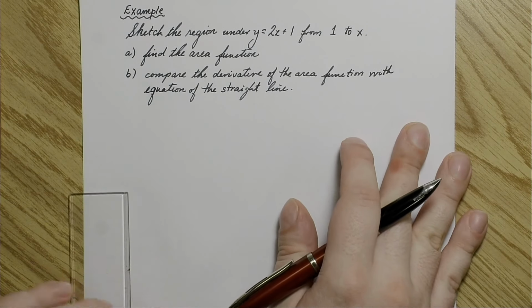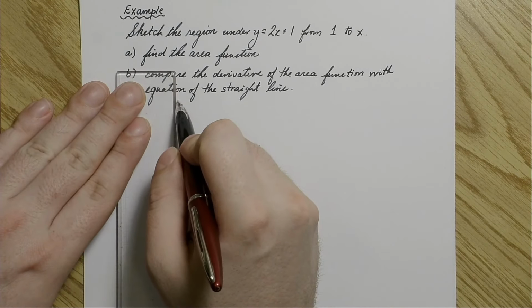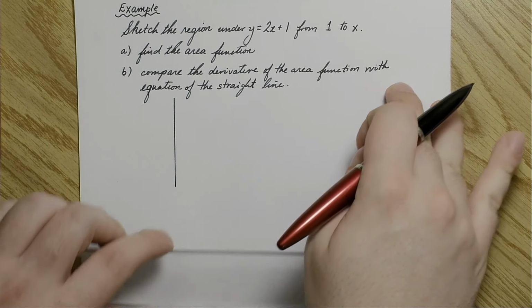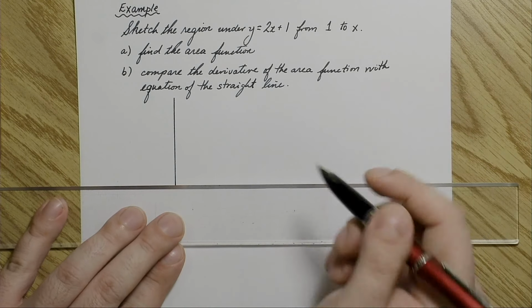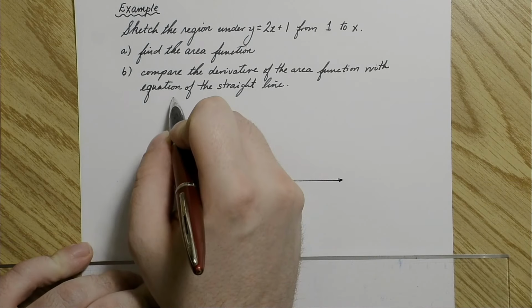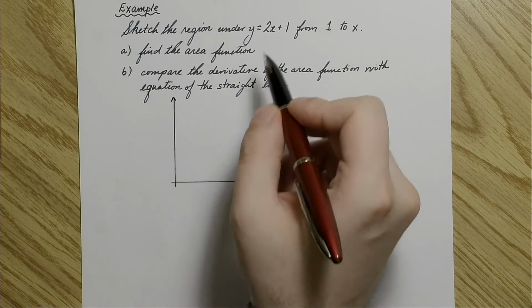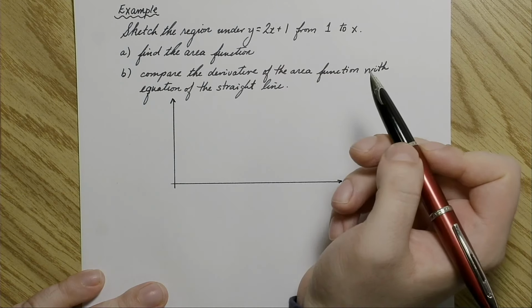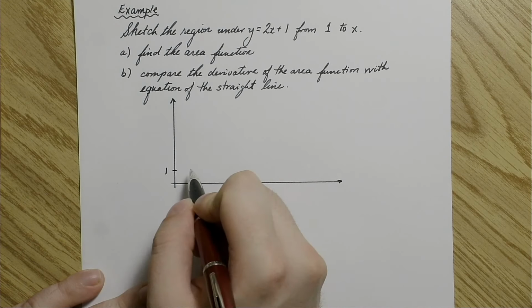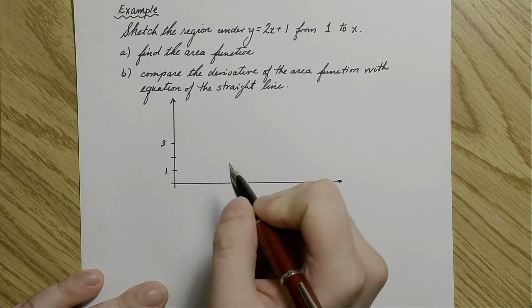So we first sketch it, and we know that it's 2x plus 1. So it's got to start at about 1, about here, and it's got to go up. Let's say 3 here.